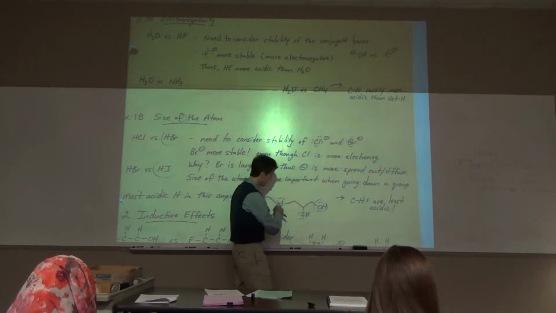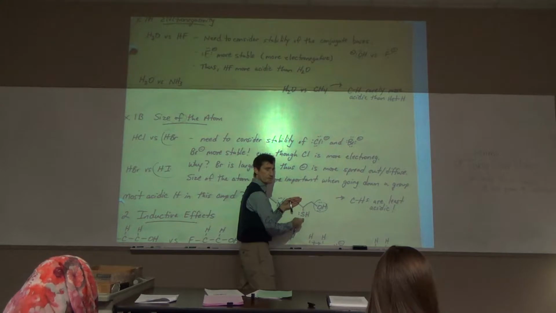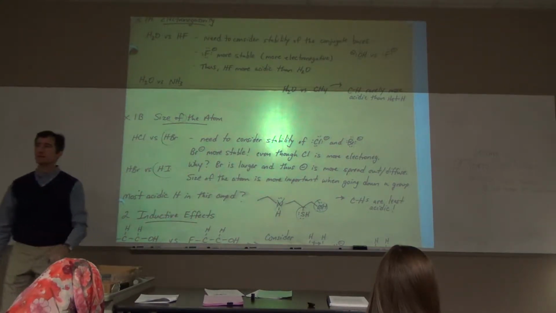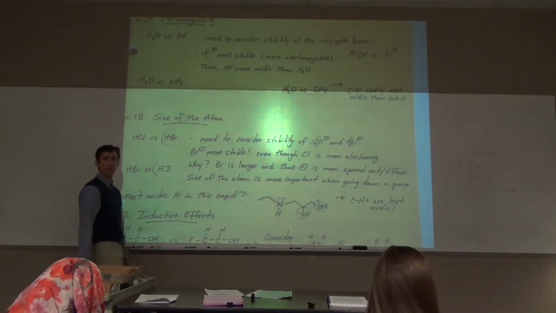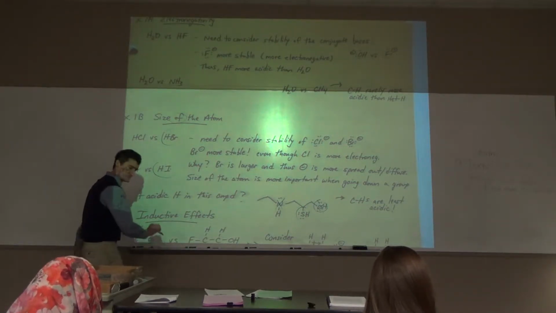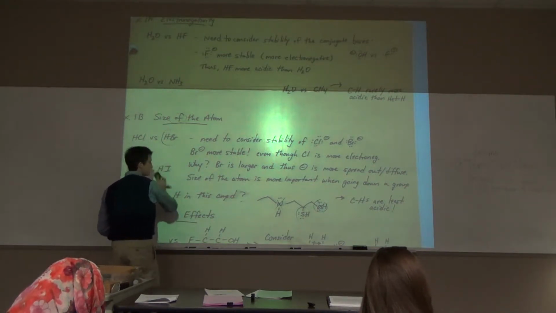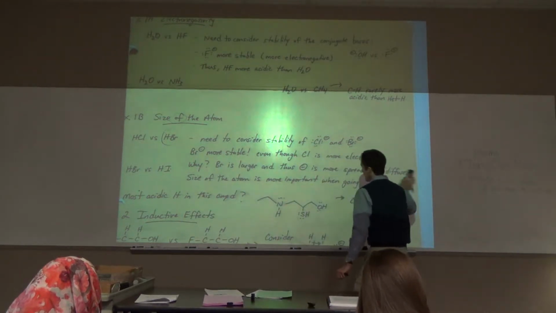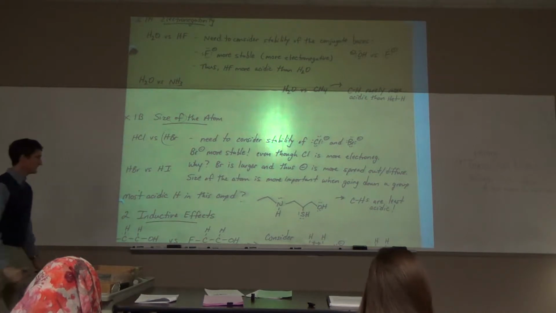But then we can say between these two, that's more acidic because the S minus is bigger. So we can arrive that that's the most acidic hydrogen in the molecule. The SH. What functional group is that? Thiol, yes. Or mercaptan, which is a little bit kind of odd.